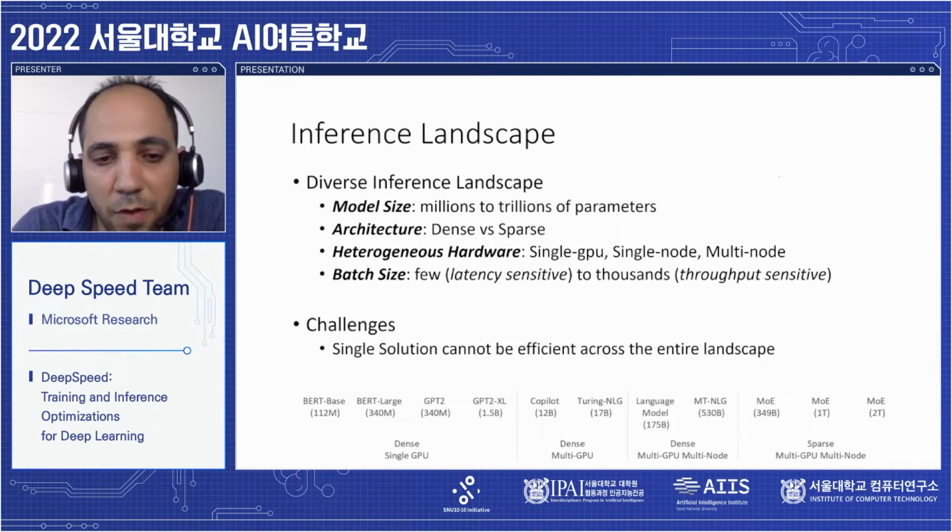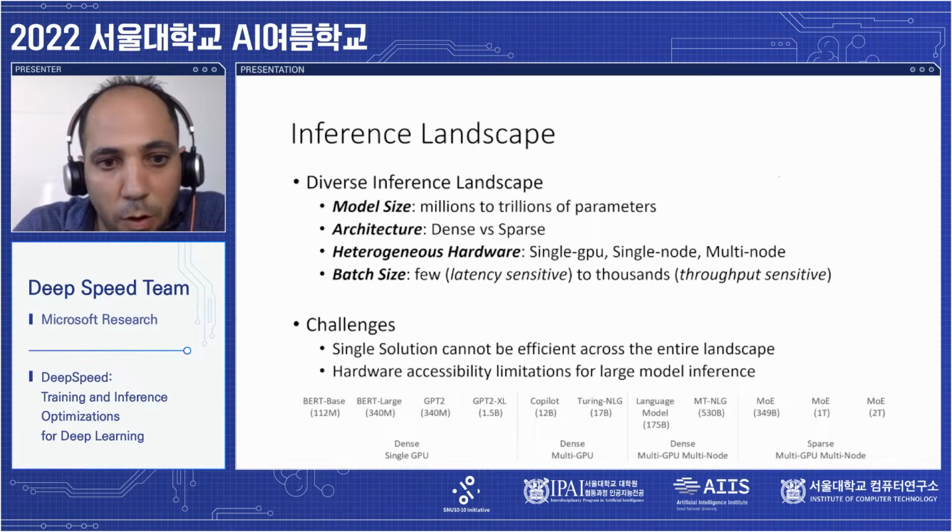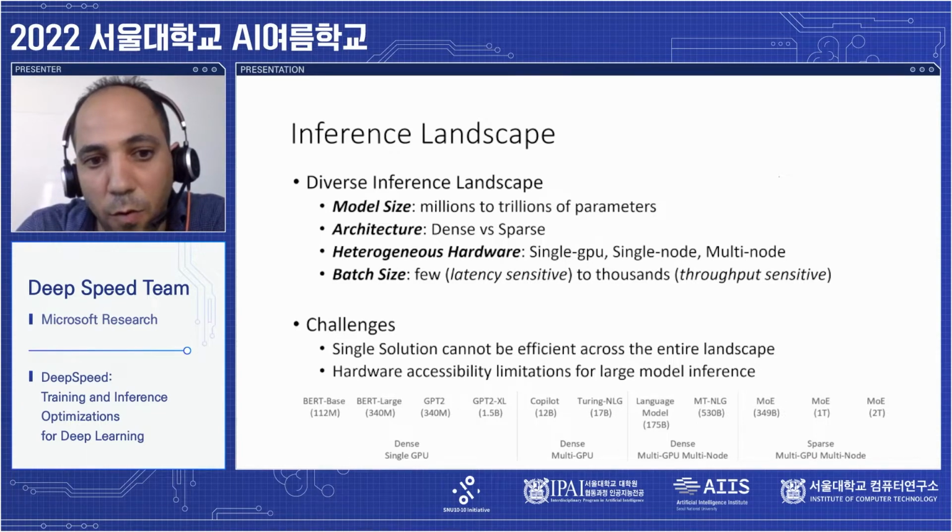So with all these different requirements, one single solution cannot be efficient across the entire inference landscape. And also, most data scientists don't have access to large GPU clusters to run really large scale model inference.